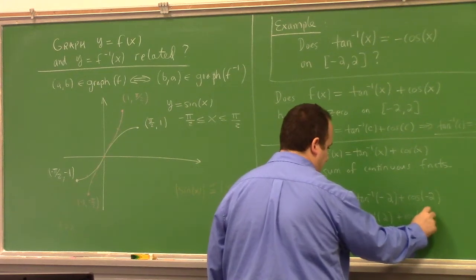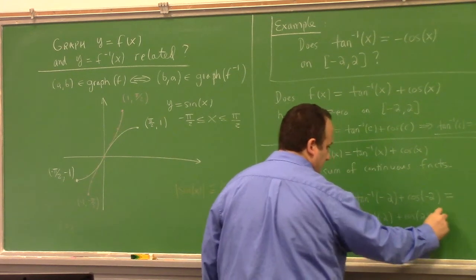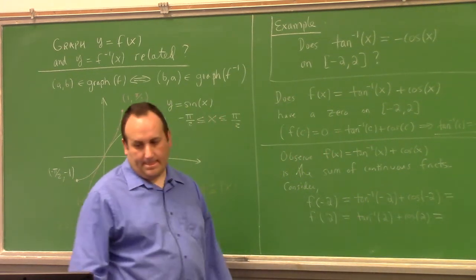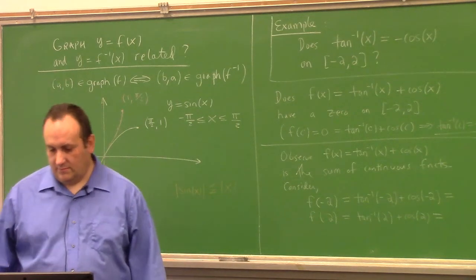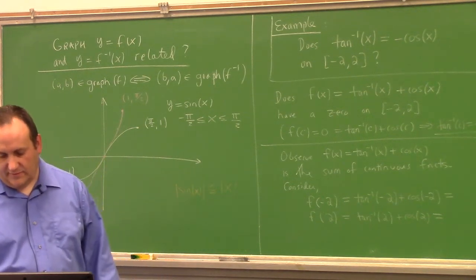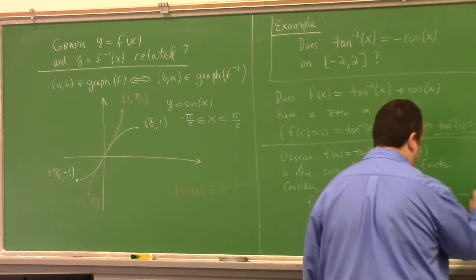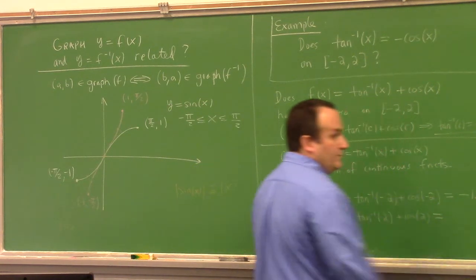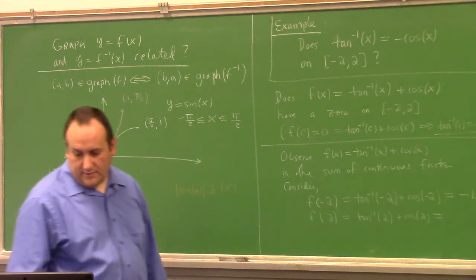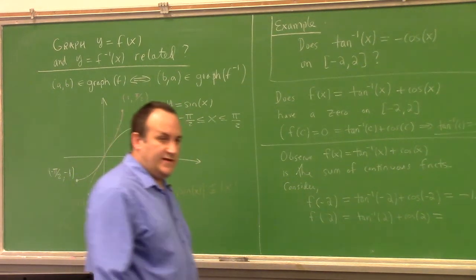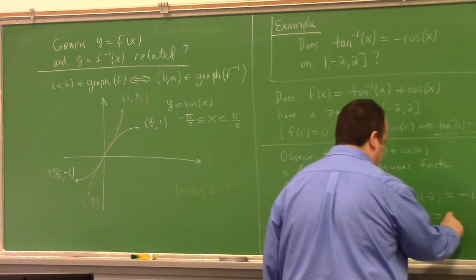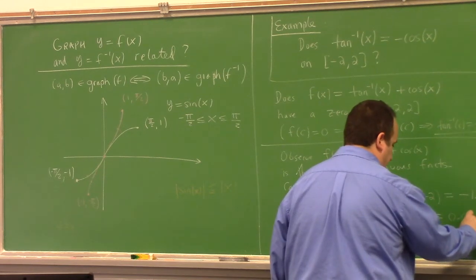What do those work out to? Plug it into your handy-dandy calculator, and you will get about minus 1.52 for the first one, and about 0.691 for the second one. So what's that tell us?